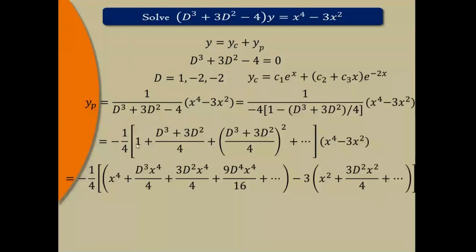So first term into x raised to 4, no problem. D cube into x raised to 4, that also no problem, divide by 4. 3d square x raised to 4 by 4, keep that. D cube square, higher power, skip it. D cube into d square, that is also higher power than 4, skip it. Last term square, same power, so take that.